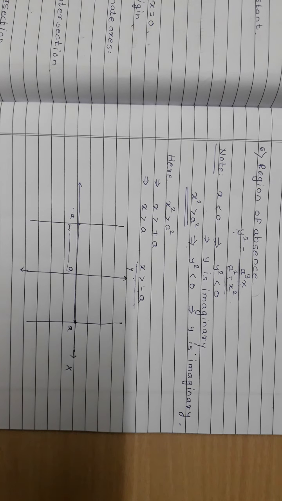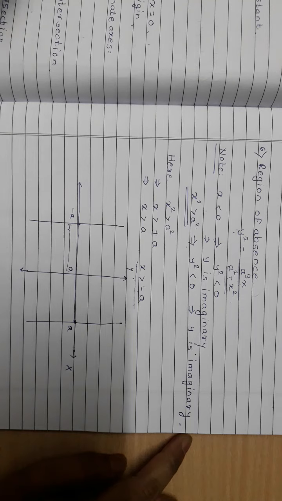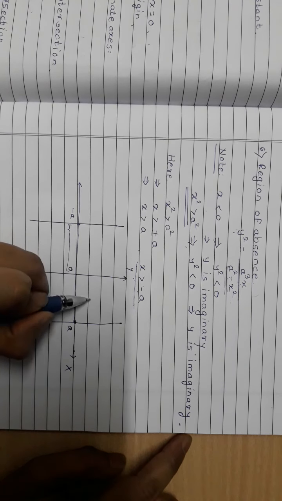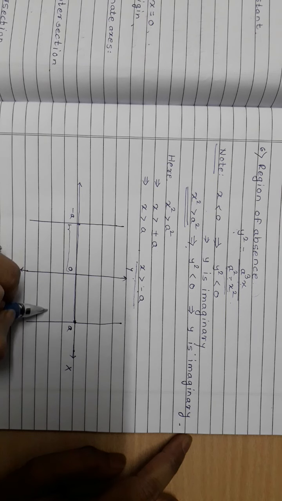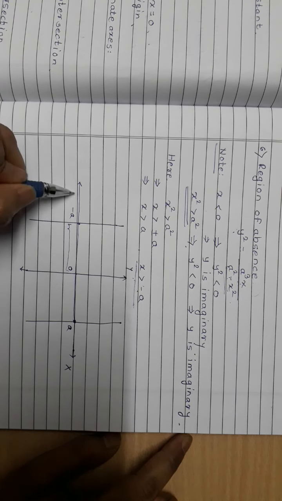Okay, then what else do we get here? That is, the y-axis is tangent at the origin. So the y-axis is a tangent at the origin, so the curve must be like this, right? But what else do we know here? That is, the x-axis is an asymptote, y equal to 0.